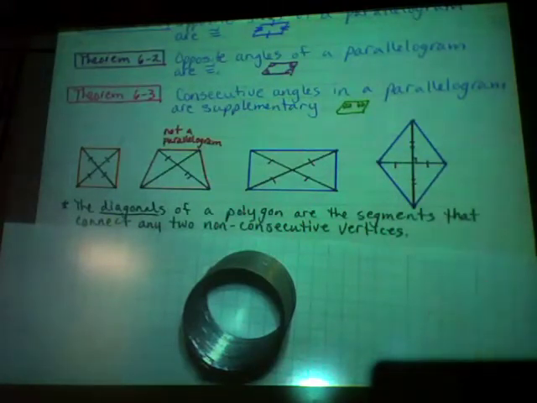And then I put here a definition of what I consider a diagonal. Diagonals of a polygon are the segments that connect any two non-consecutive vertices. Because if it tried to connect consecutive vertices, you're talking about the side of that polygon.